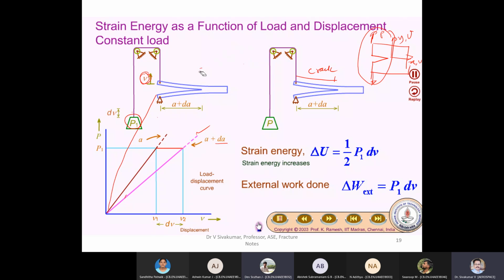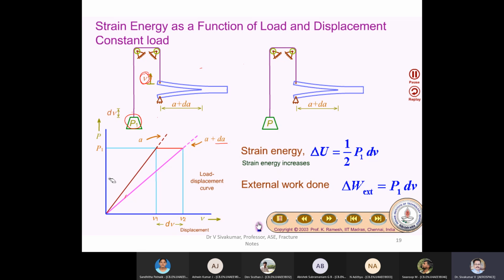Stiffness reduces, sir. Why does stiffness reduce? As the crack propagates, we saw that the stiffness of the material reduces. Yes. So here the crack length is more, which means obviously it will have less stiffness, so definitely it will have more displacement, isn't it?